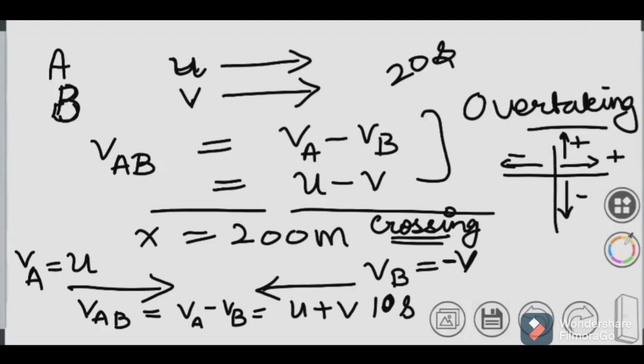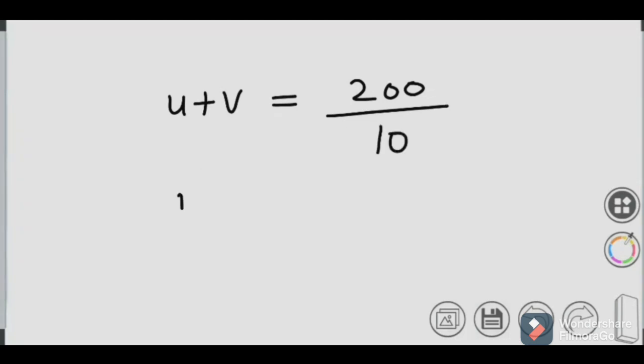So we get two equations. We get u plus v, that is the velocity, equal to distance upon time, so 200 meter upon time. What was the time when they were crossing each other? 10 seconds. u minus v, again distance upon time.